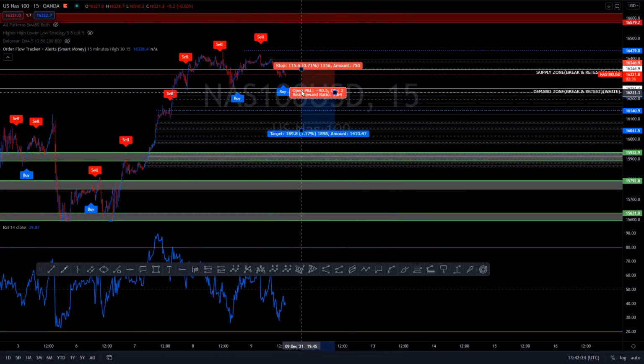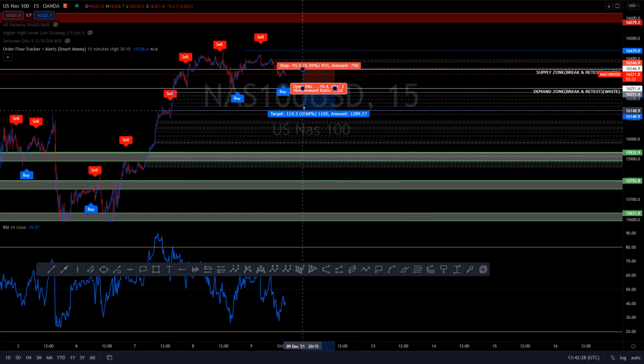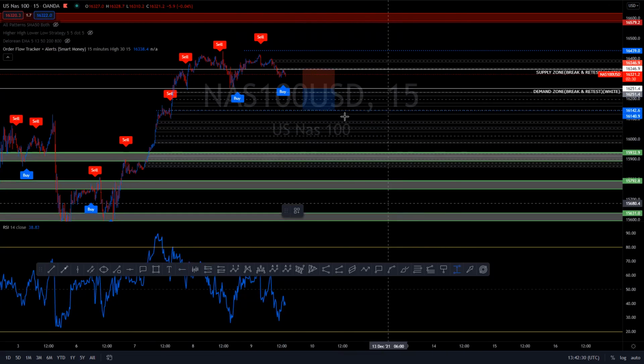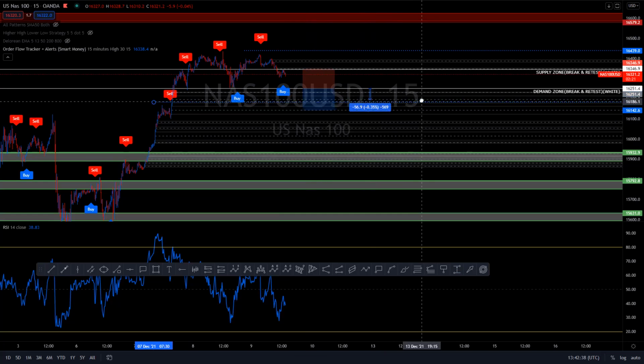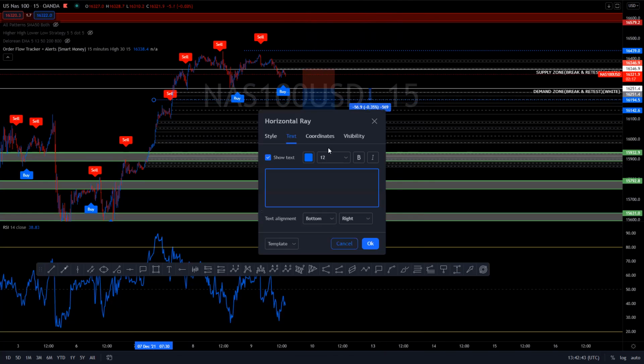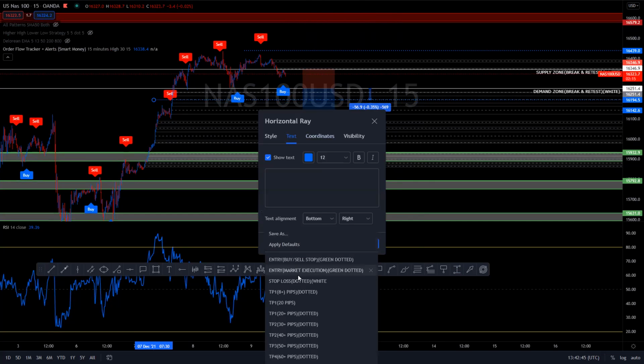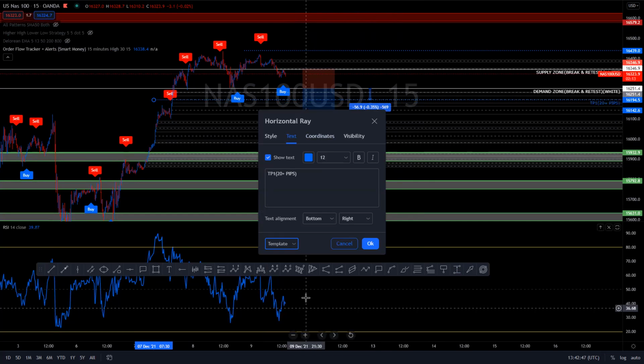So if price sells, I'm looking to get at least 200 pips. So this will be the first take profit right here. TP1 is going to be over 560 plus pips.